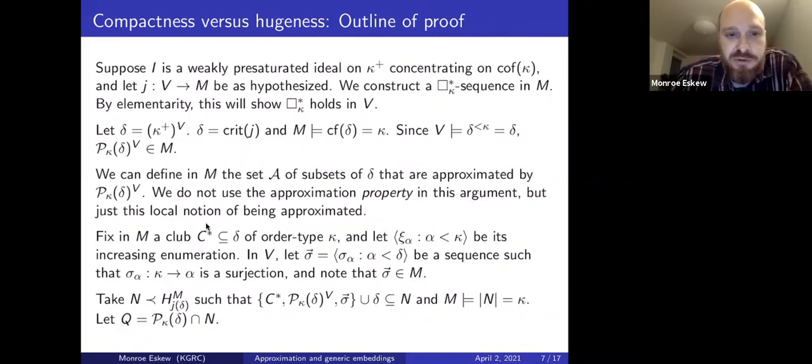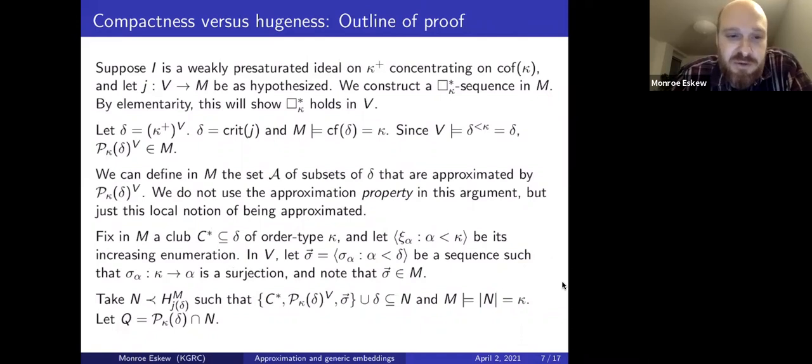We'll just use the definition. But I think it's still significant that, in my opinion, sometimes the definitions you come up with or use are most of the work. And so this is the key thing: we're going to use the notion of being approximated at this local level.